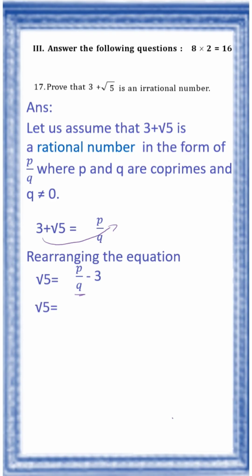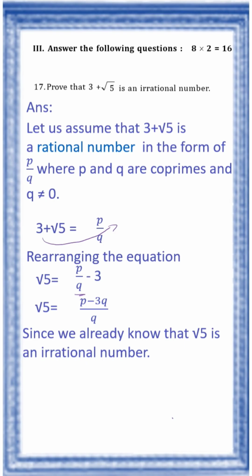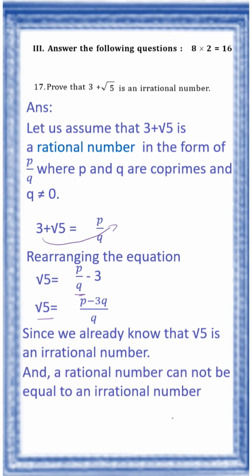So root 5 is equal to (p minus 3q) by q. Since we already know that root 5 is an irrational number, and a rational number cannot be equal to an irrational number, this is a contradiction. So 3 plus root 5 is an irrational number.